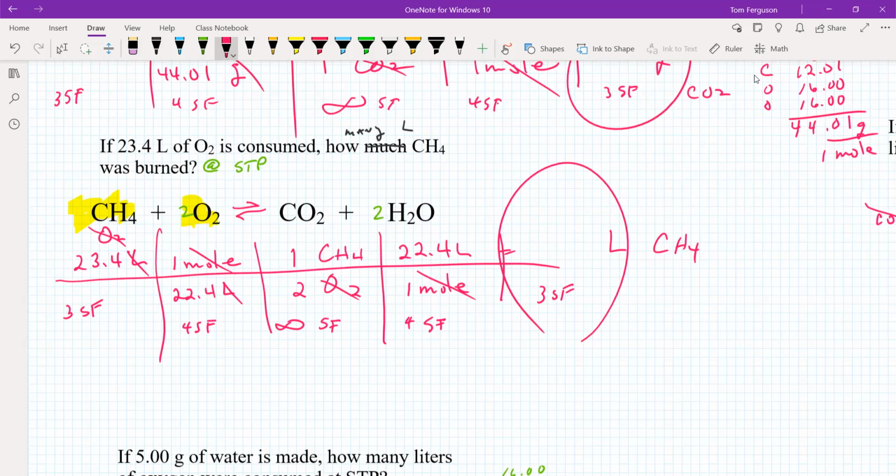Again, this mole bit keeps coming back, and coming back, and coming back. So it'd be 11.7 liters.